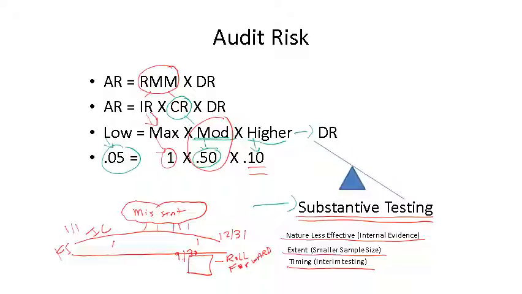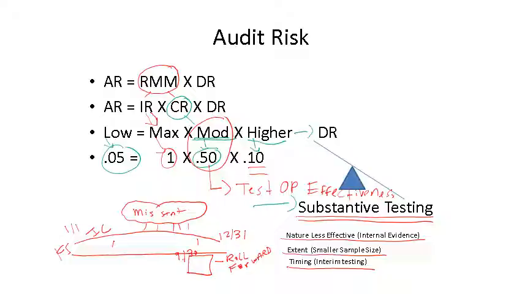Now, we're not going to get too much into step 2 in this chapter, but we'll see that in this situation now, we'll get into having to test the controls, and we will test the operating effectiveness of those controls. We'll have to do that because we have assessed the risk of material misstatement at less than the maximum based on our obtaining an understanding about the controls.